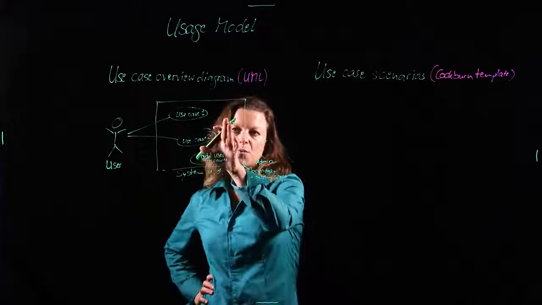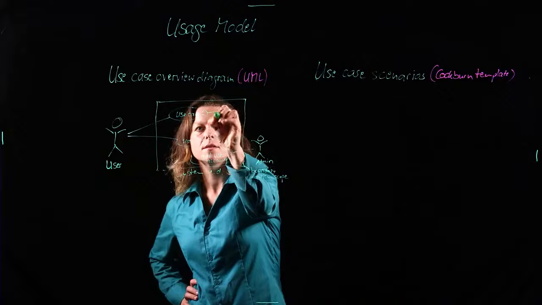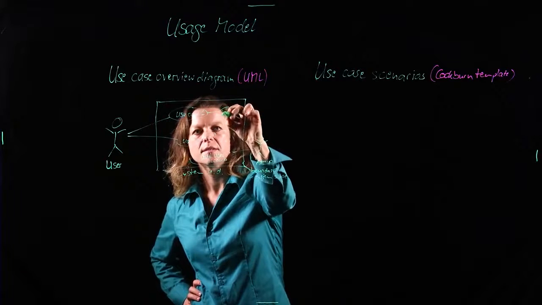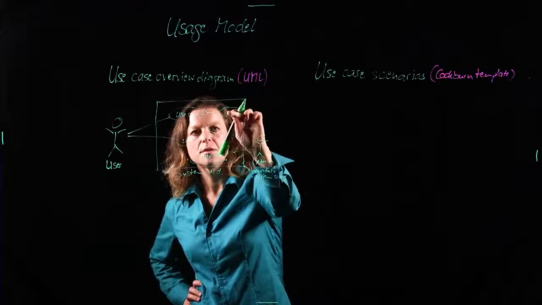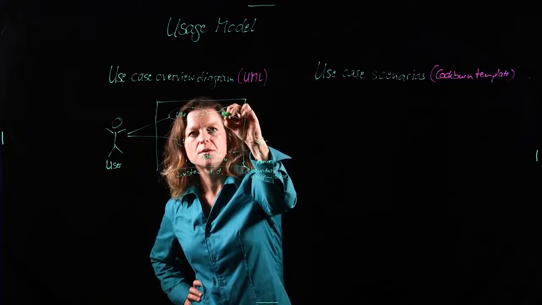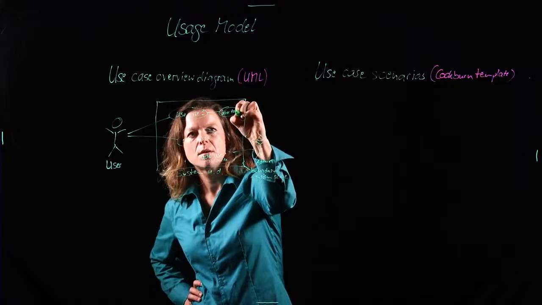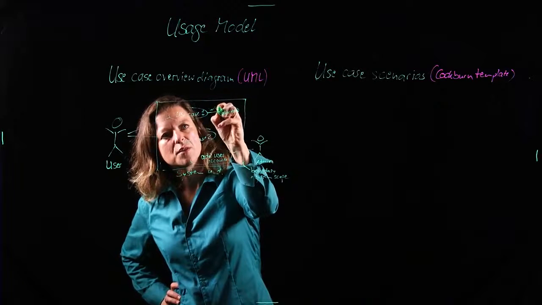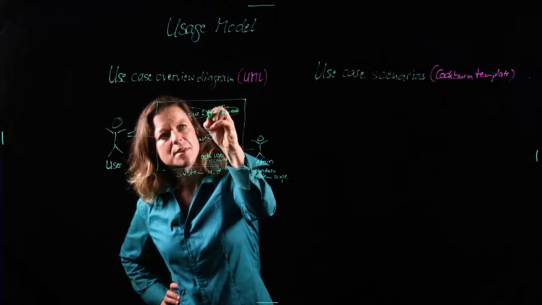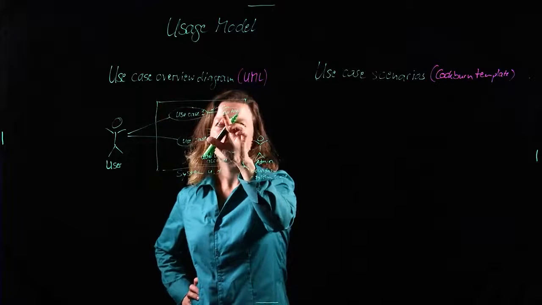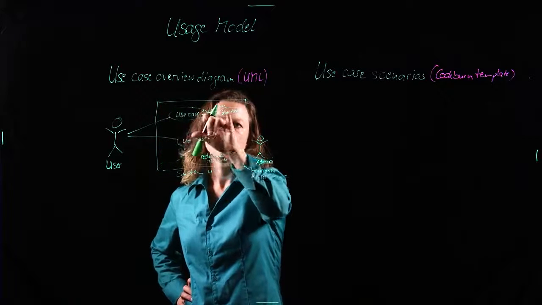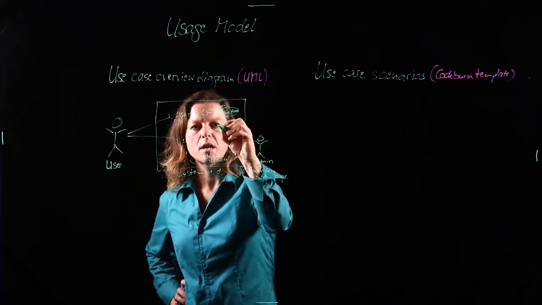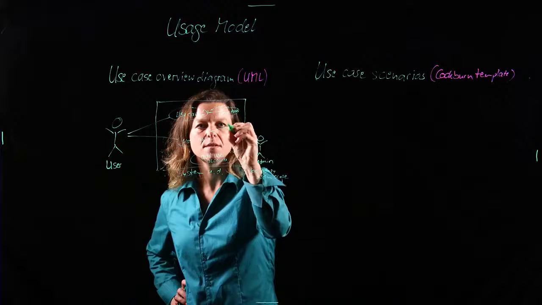So that's a choice of your system design. There are a couple of special cases. There is an includes and an extends. Includes other task. And if you write includes, that means this one is always carried out when this one is performed. And there is another option that is called extends.